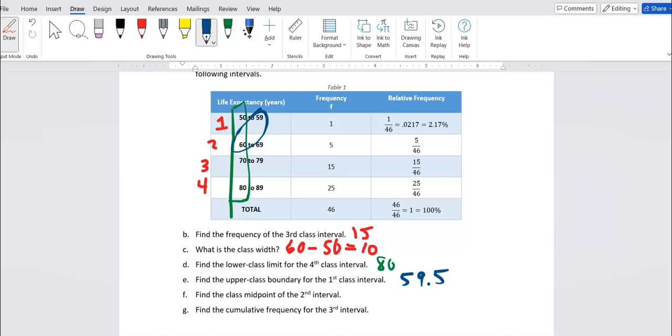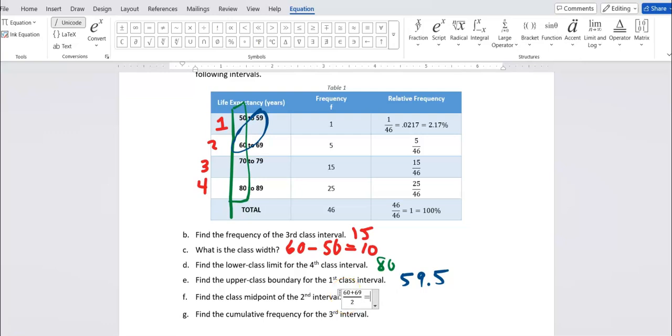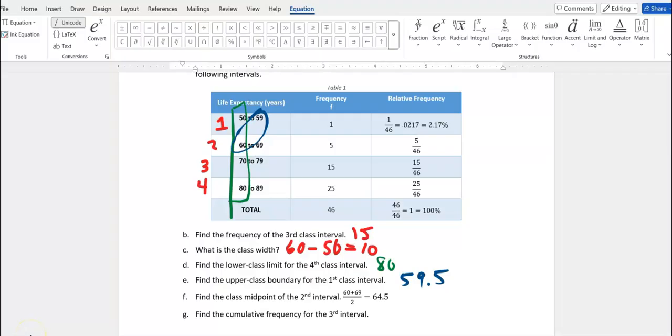Now, to find the class midpoint of the second interval, we look at 60 to 69. The midpoint is the middle of that interval. So we're going to take 60 plus 69, all divided by 2, and that answer is going to equal 64.5. The last question asks, find the cumulative frequency for the third interval.